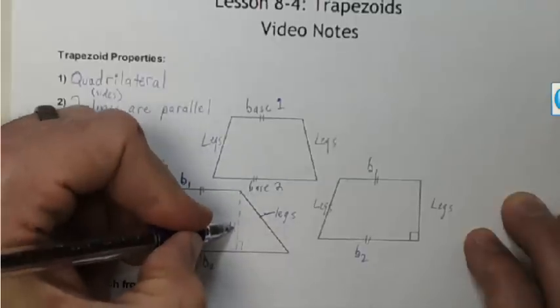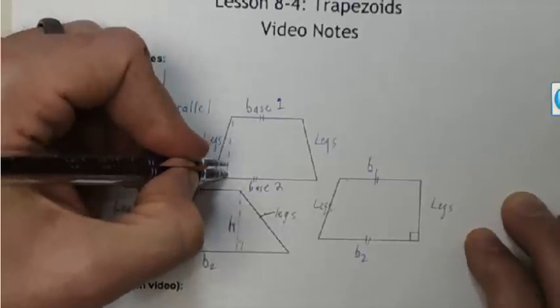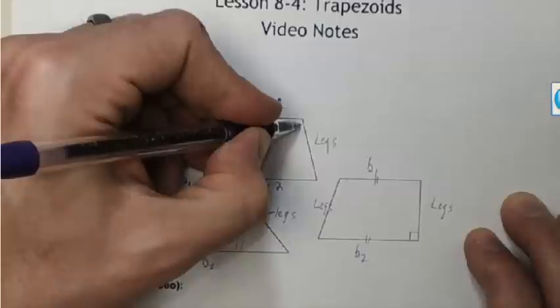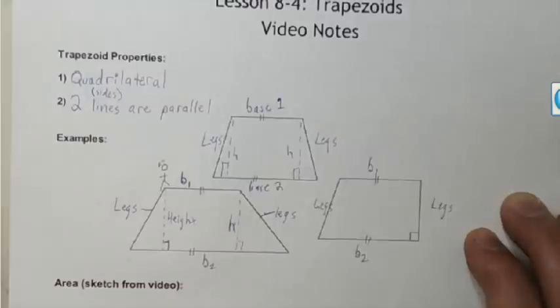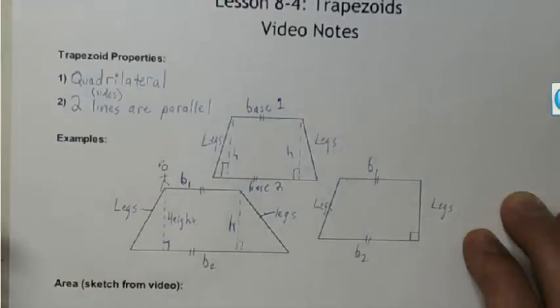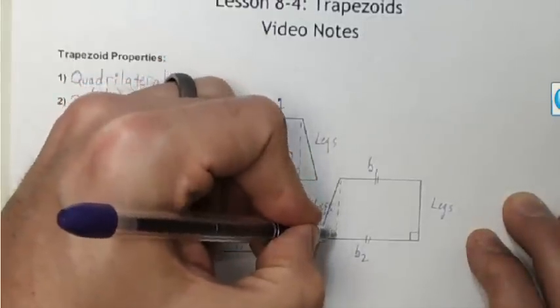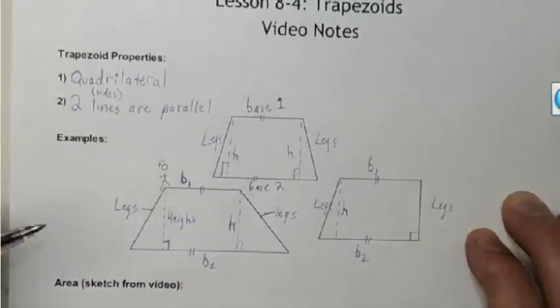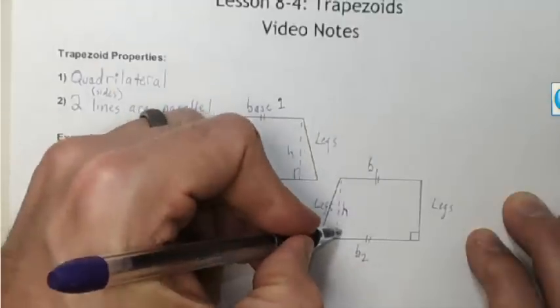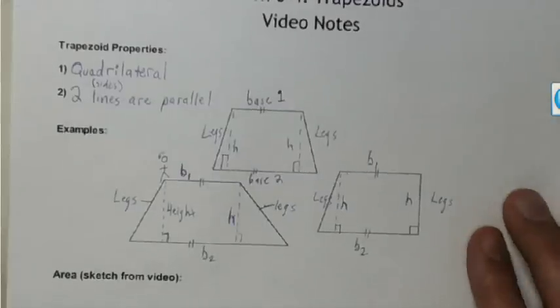So we'll abbreviate that as H. H, woo, drop the rock. H for height. Now in this case, the leg is the height because the leg creates the right angle here, so that leg could also be the height as well.